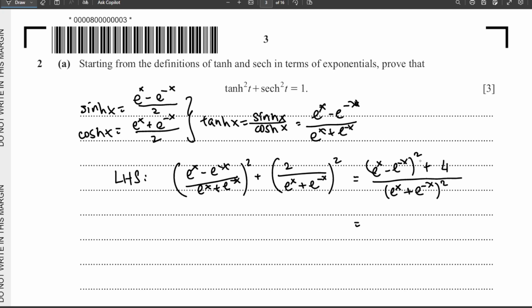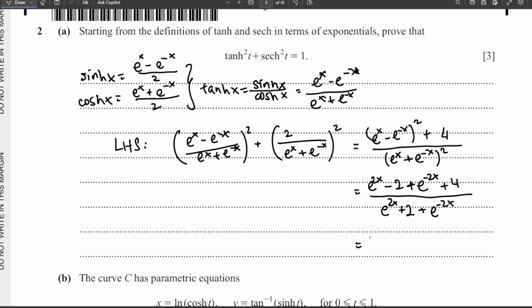I'm just gonna expand this square bracket here on the top, and also on the bottom I will expand that, and we can see that the 4 and the negative 2, we can do some simplification. We end up with this expression, which is the same on the numerator as well as the denominator, so this will just be equal to 1, and we have proven this identity is true.